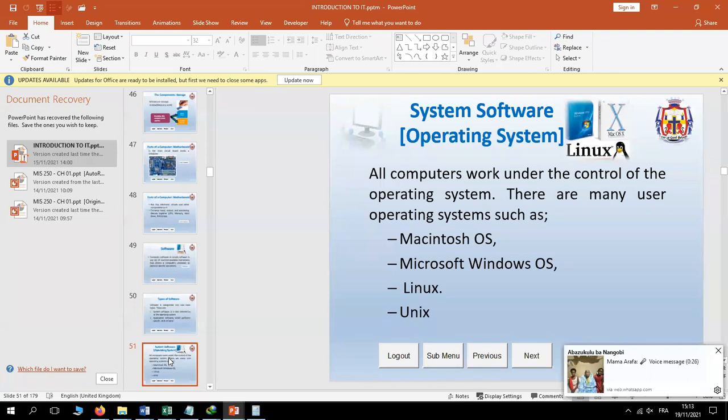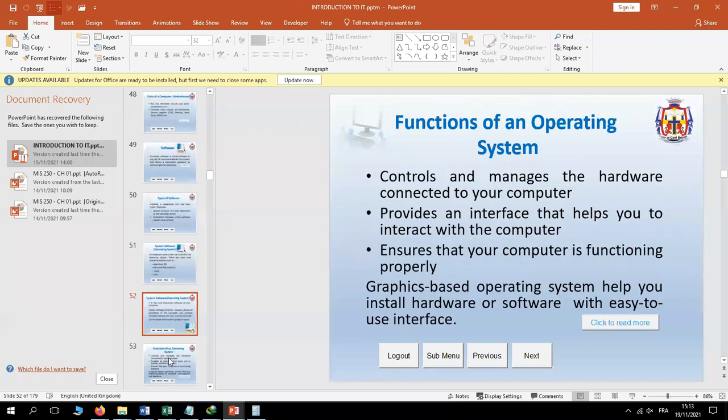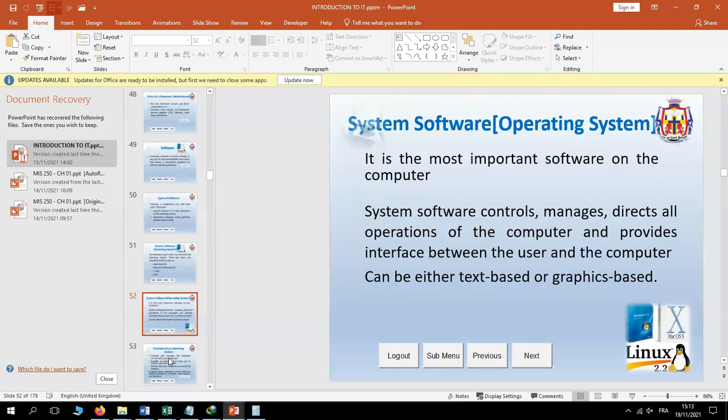So we have looked at the different operating systems we have. What does the operating system do? We are saying that the operating system is the most important software on the computer. Meaning without it, the computer is as good as useless, and you can't use it.